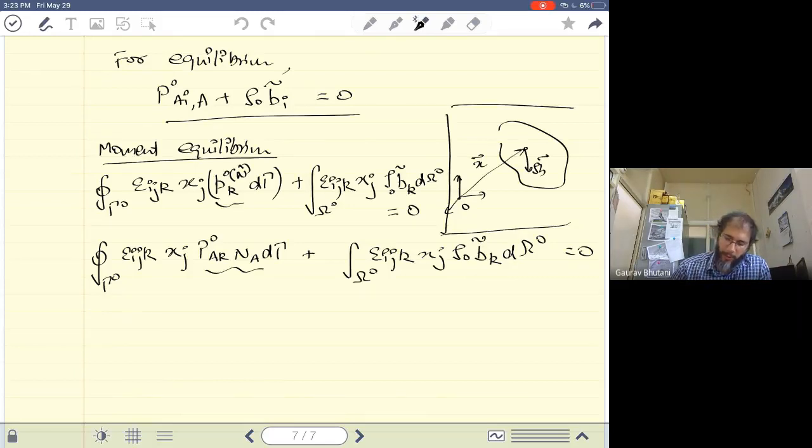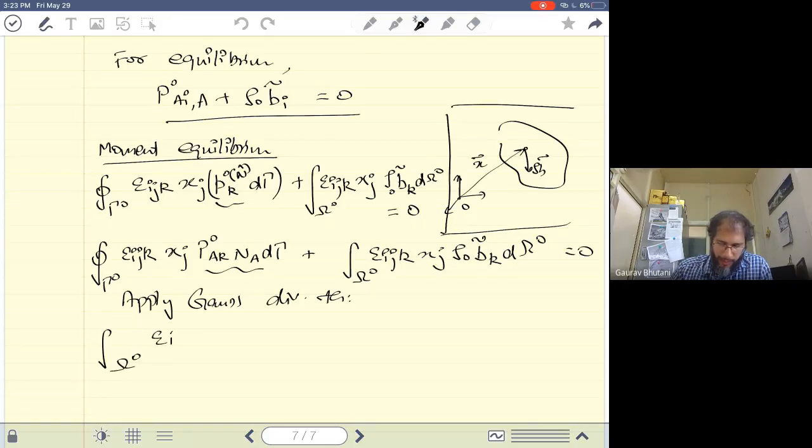All right, so now we can apply the Gauss divergence theorem. So we get this integral over omega naught. I'll combine the terms now. Epsilon ijk can be taken common.